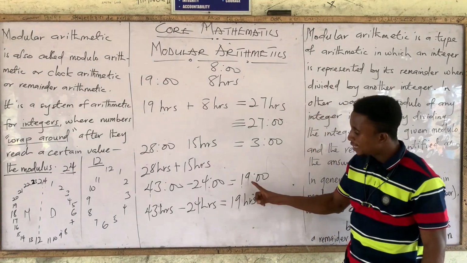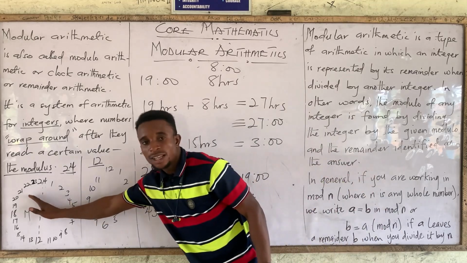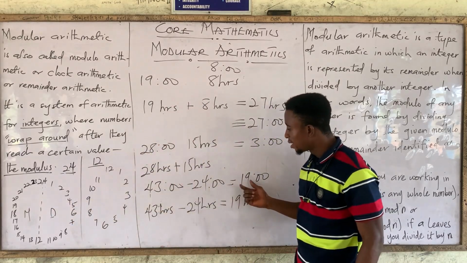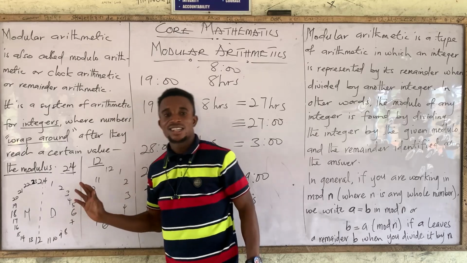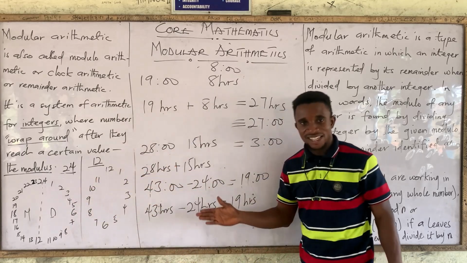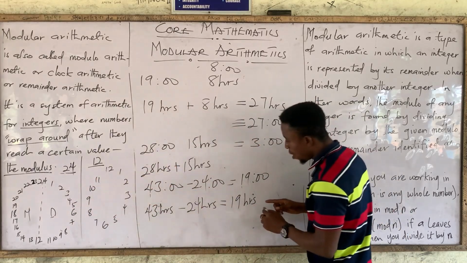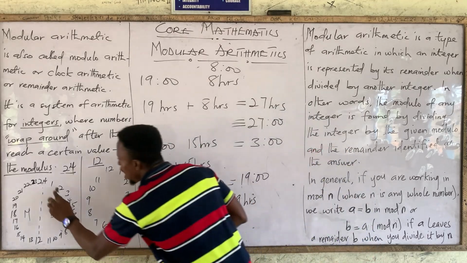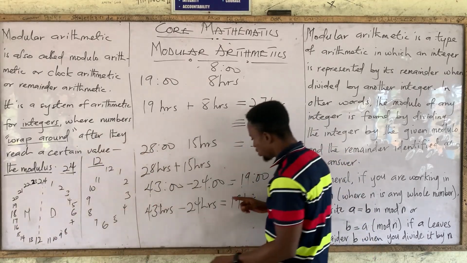So when I check on the 24-hour clock, 19 is part of the 24. It's within 24. Are we getting that? So I've already taken out 1 day. So I've made a day. Then I continue counting.